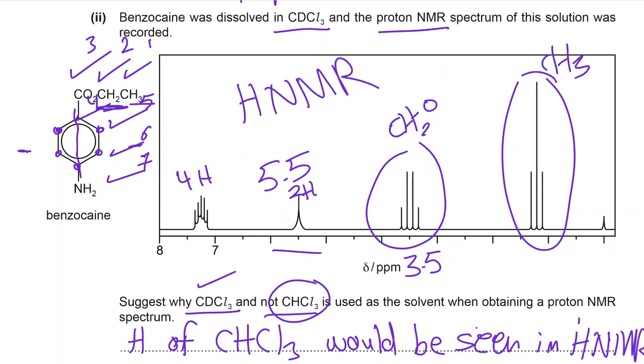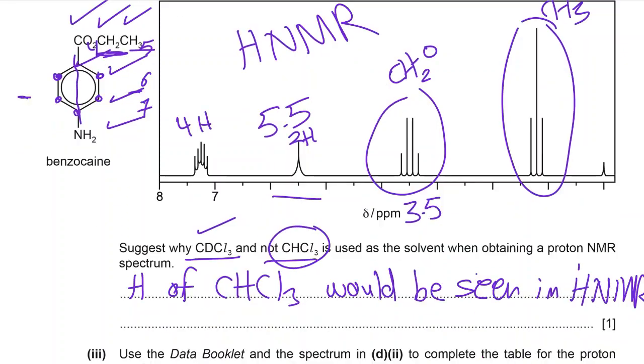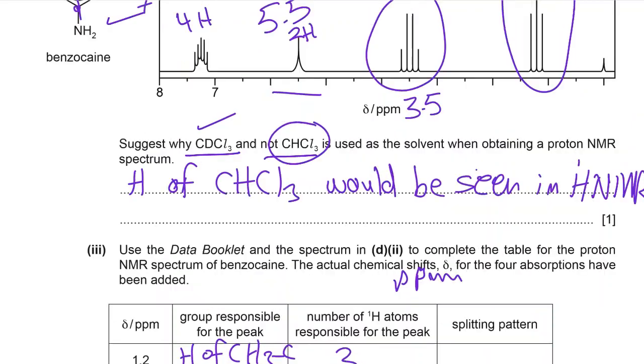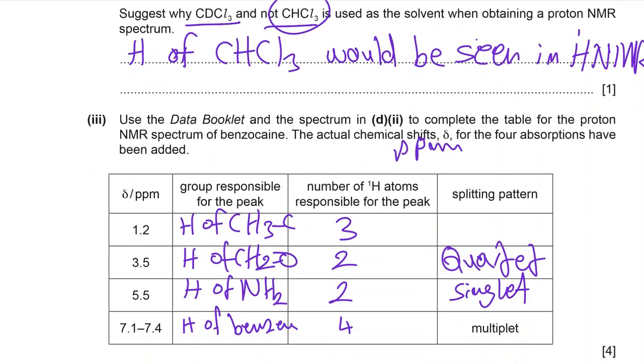So here we can see this CH3, a 3 hydrogen alkyl group. That means the hydrogens of CH3 are bonded to the carbon, and the shape is, let's check it, it's a triplet.